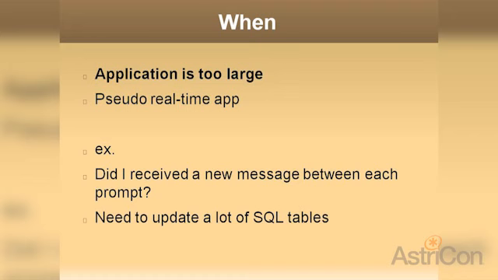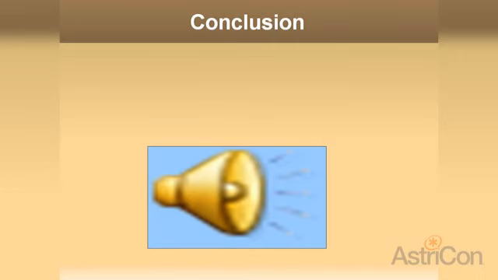Did I have a chat request? That would be really a pain to write all this in dial plan. So with AGI, it's really, really easy. And when you have a lot of updates or SQL selects to do, it's much faster and easier to do in AGI. AGI is cool.